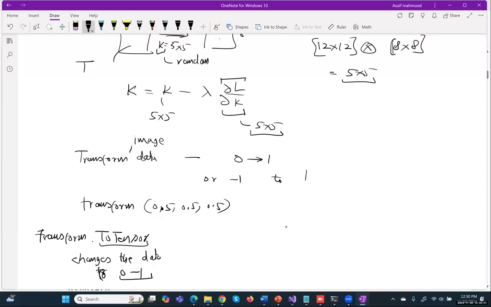And then if we further apply this transform, 0.5, 0.5, 0.5, it will transform the data from -1 to 1.